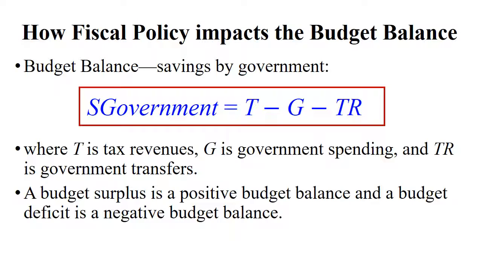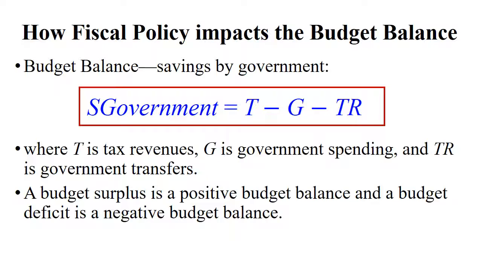When we learned the budget balance equation before, we talked about how BB equals taxes minus, etc. But we just wanted to introduce this concept that the budget balance is savings by the government. When we had this equation before, the budget balance was on the savings side of the savings investment spending identity. So if we have a surplus, there would be a positive budget balance because the government is saving money.